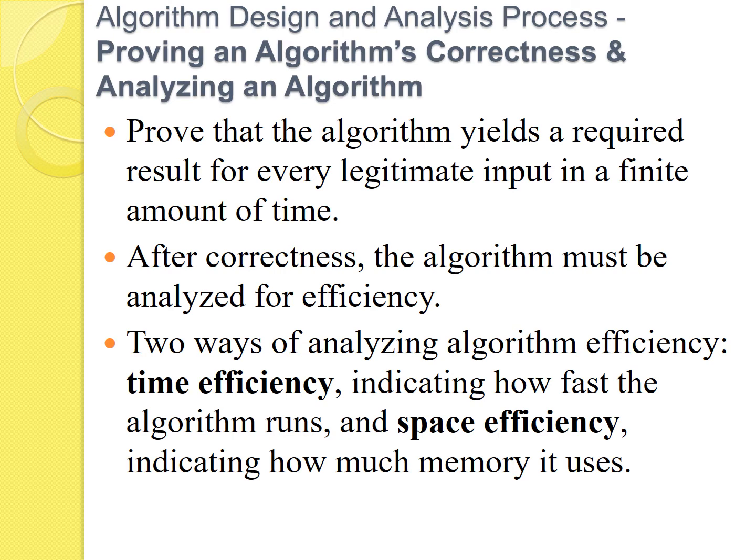There are two ways in which the efficiency of the algorithm is analyzed: time efficiency, indicating how fast the algorithm runs, and space efficiency, indicating how much memory it uses.